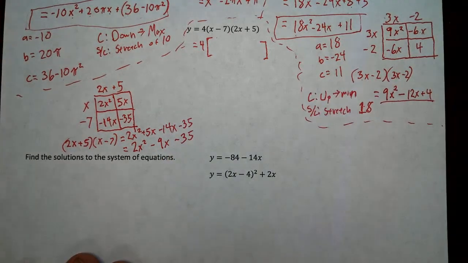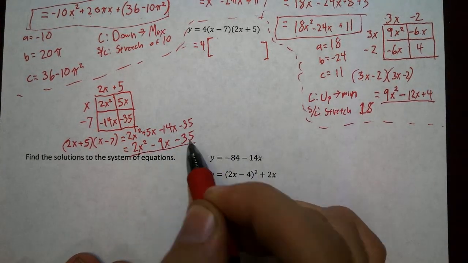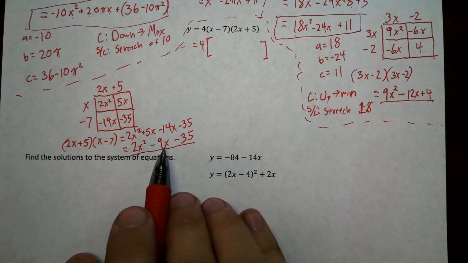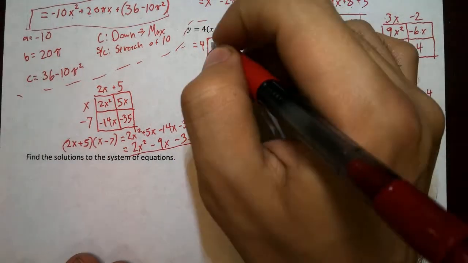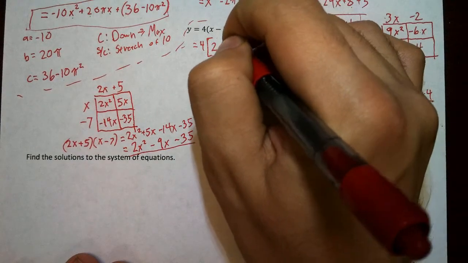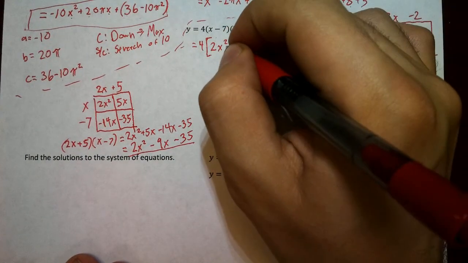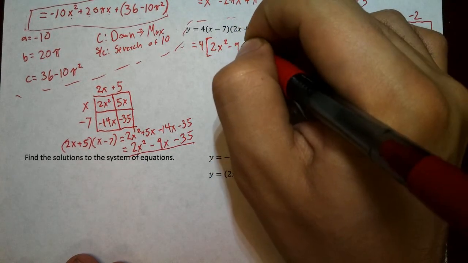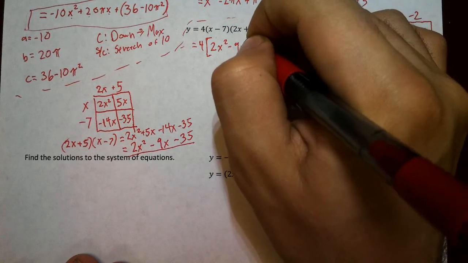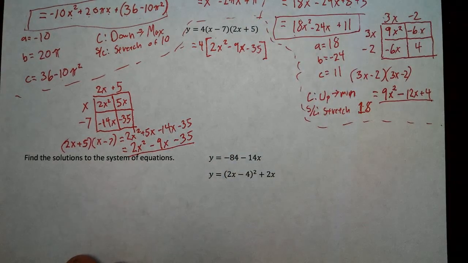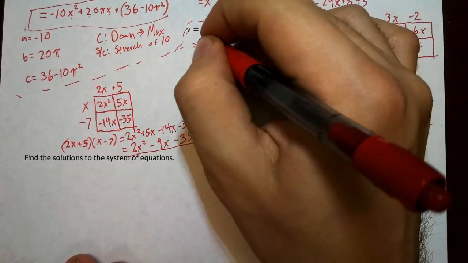That's what we're going to substitute into there, right? We calculated what that multiplication is. So 2x squared minus 9x minus 35. Okay, and then we're going to do the distribution.